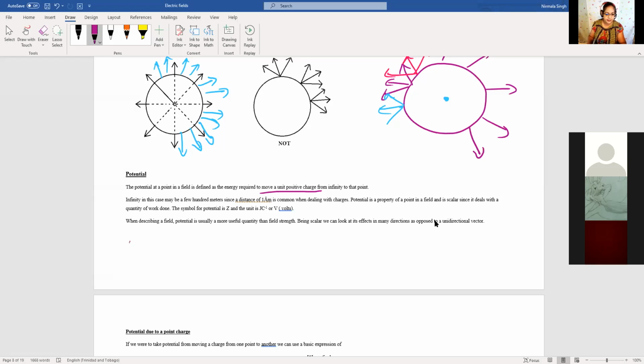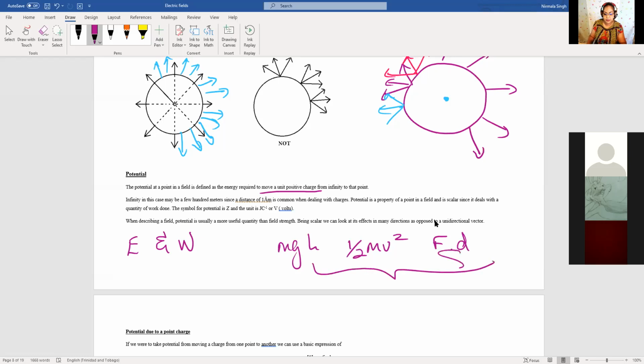But we know that energy and work, even though they have vector quantities with them, are all scalar quantities. Why are they scalar quantities? Because they take place in any direction possible. So similarly, we're going to see that potential is also scalar because it takes place in any direction possible.